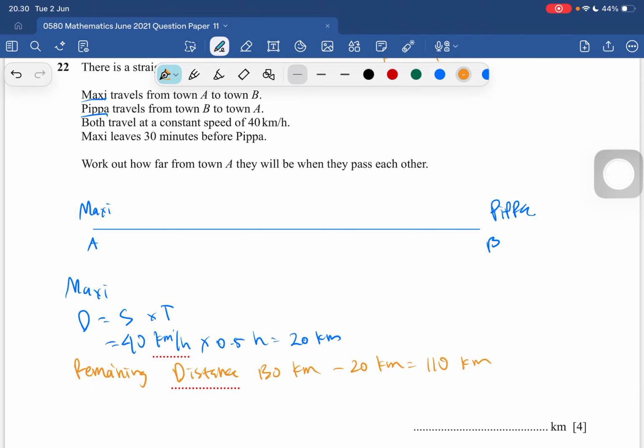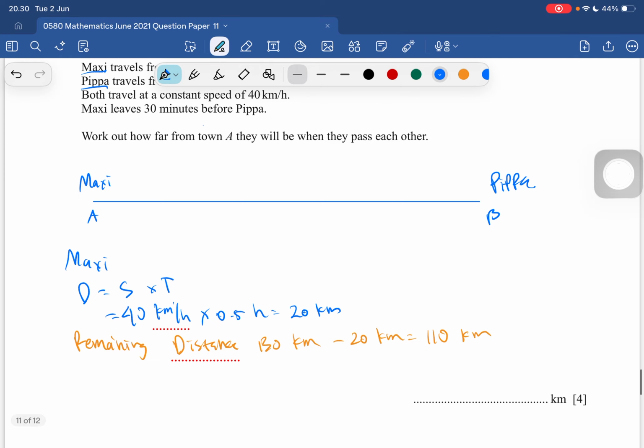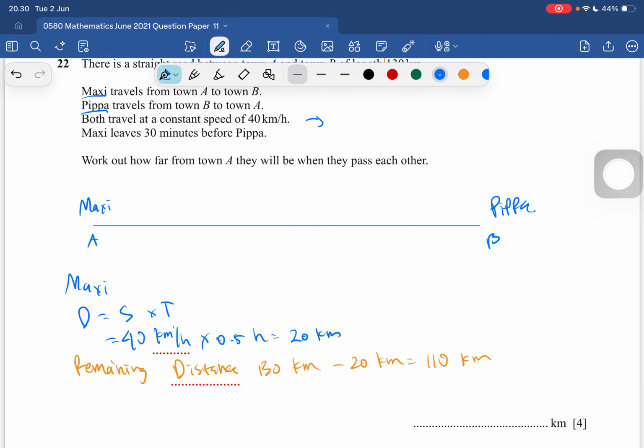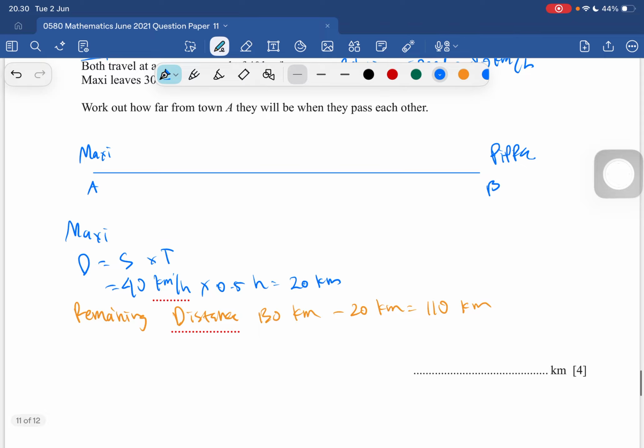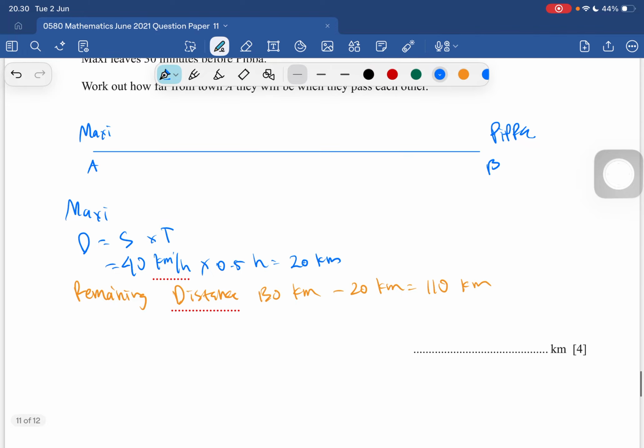Okay, we need to find the combined relative speed. As both of them are 40, we can just double it. So the relative speed is equal to 80 km per hour. Then we can solve for the time with the remaining distance, 110.